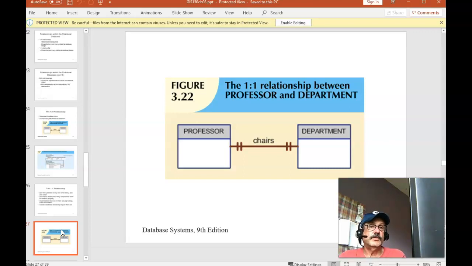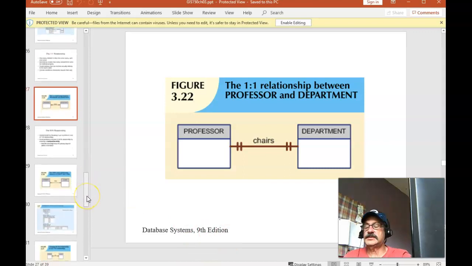A department has only one professor as a chair, and a professor may only chair one department. Does this mean that all professors chair departments? No. Does it mean that all departments have a chair? Well, in this situation, it does not necessarily say that.